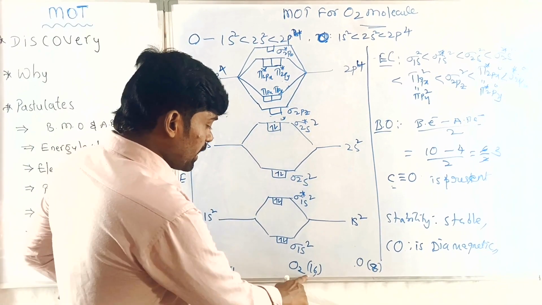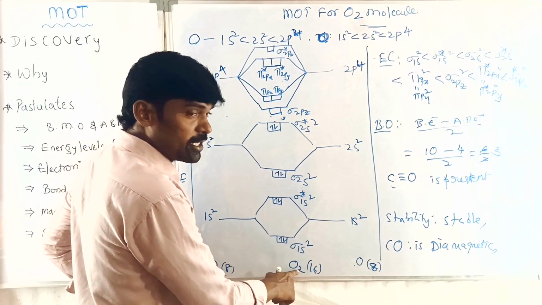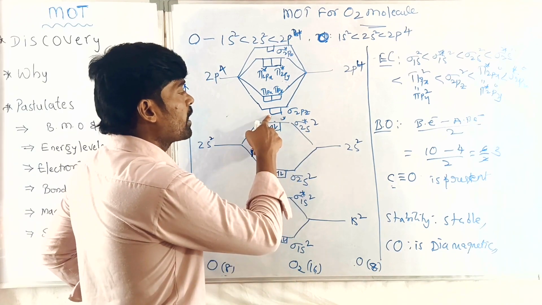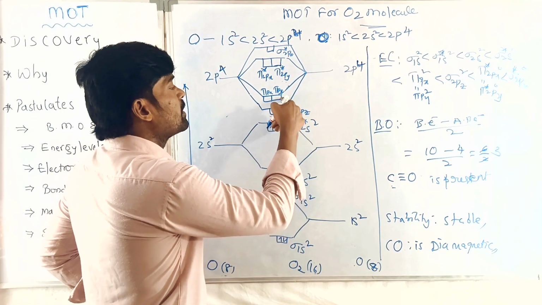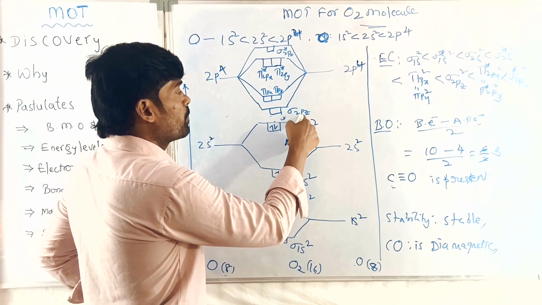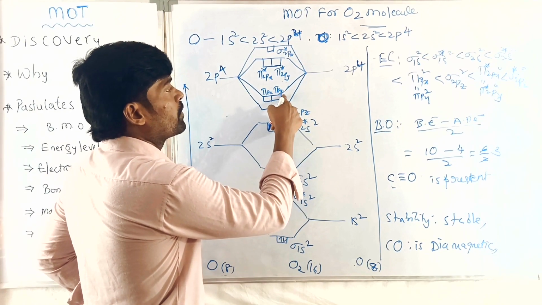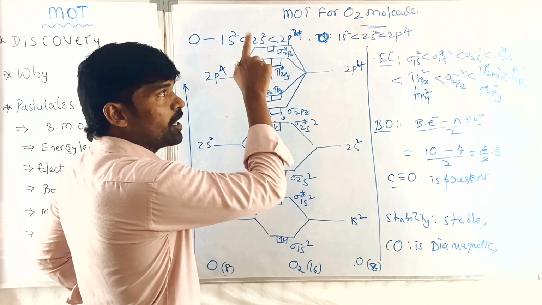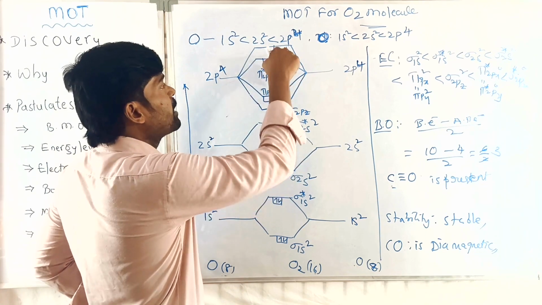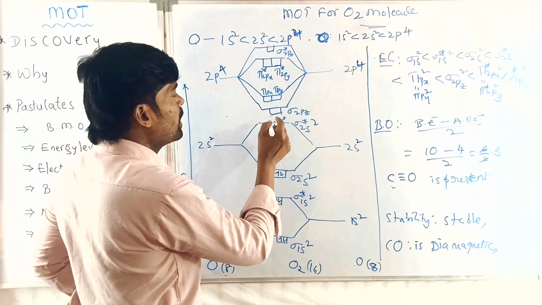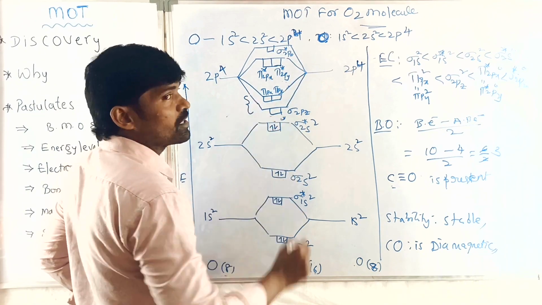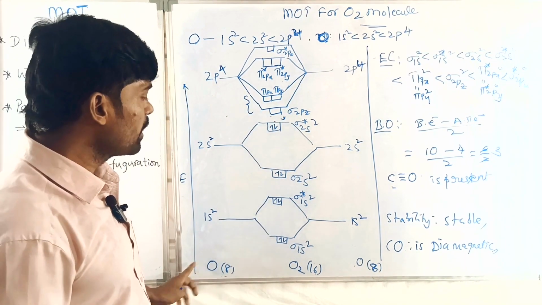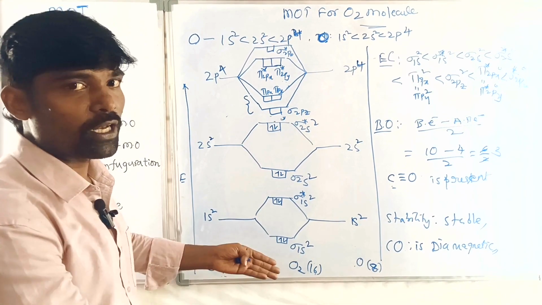Because here more than 14 electrons are present in this molecule, the very lowest energy is sigma 2pz, and higher energy than sigma 2pz is pi px, pi py. Then antibonding is the same as in N2 molecule and CO molecule. The antibonding order will be as it is, but changes will be there because of 16 electrons, more than 14 electrons.